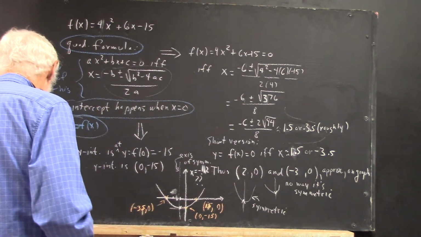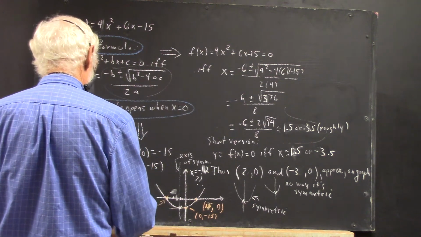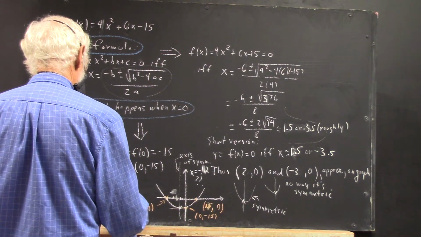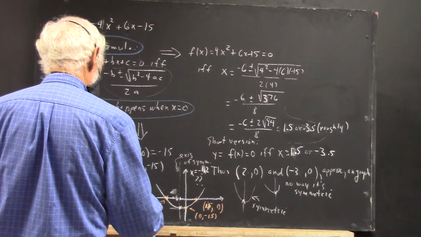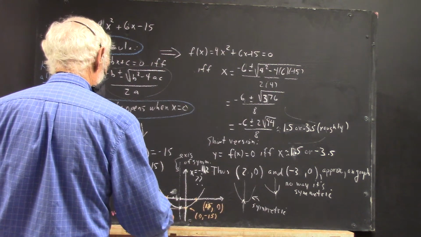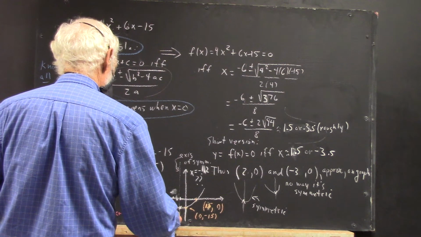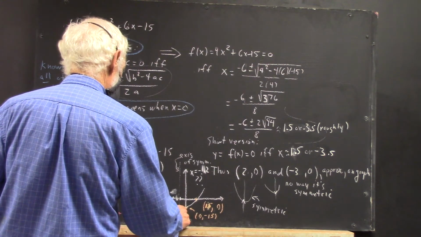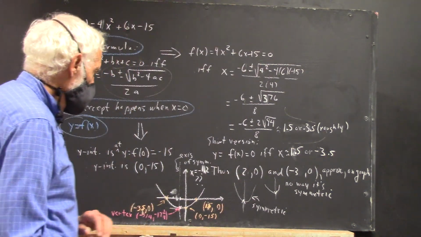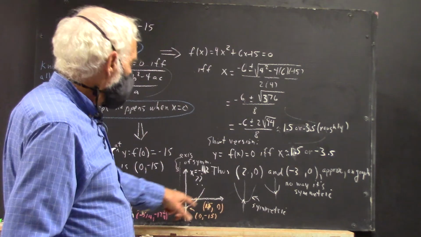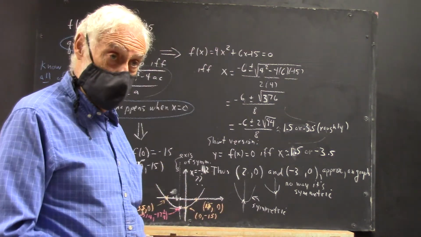So the vertex is there, and that fits just fine with the calculations, with the graph I got from the calculations I finally corrected, okay?